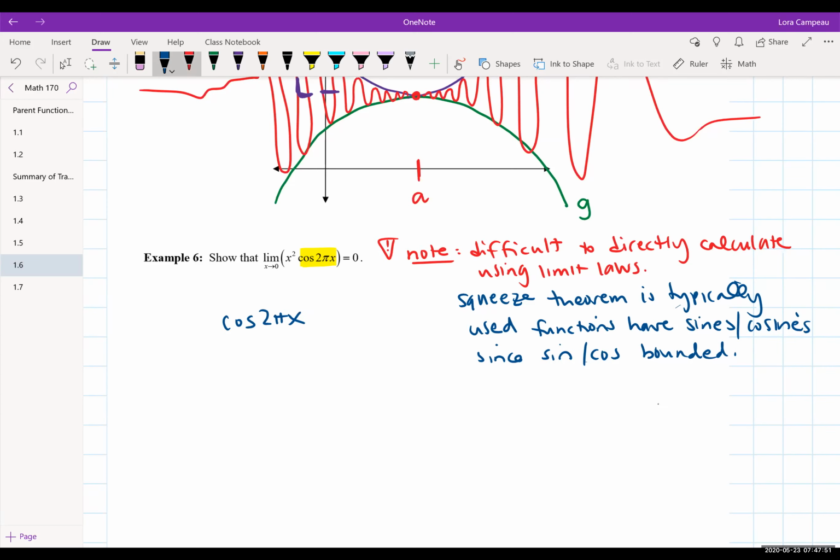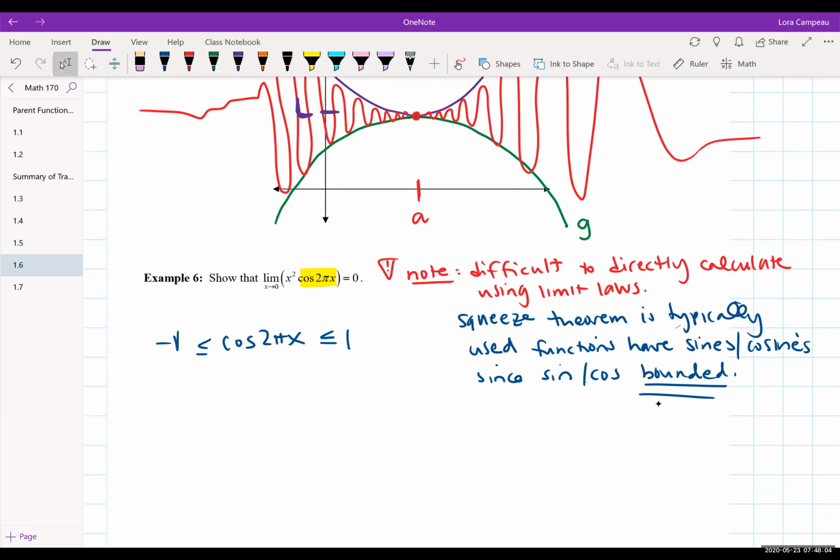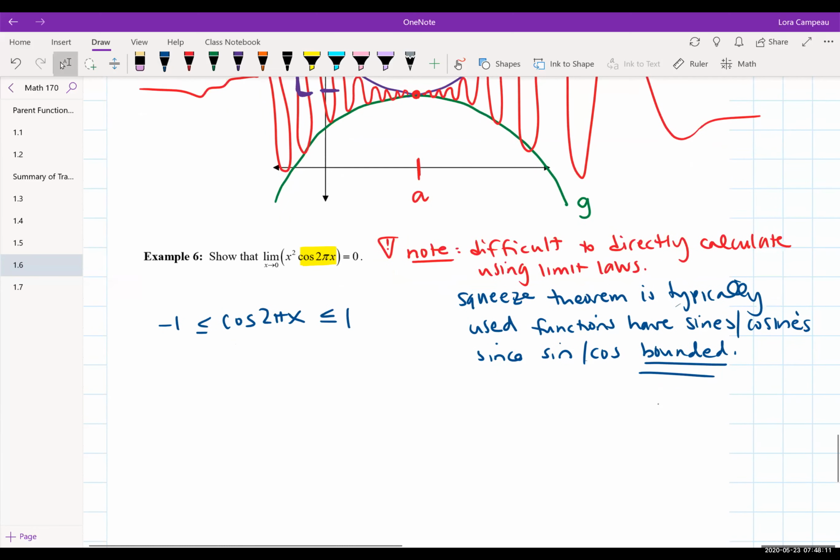Because I'm interested in the fact that it's bounded, I remember that cosine is always in between -1 and +1. These are facts I'm pulling from my trig class. Remember we talked about how we had to pull things randomly here and there, and now we have that application.